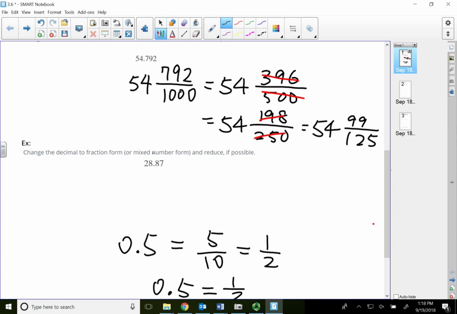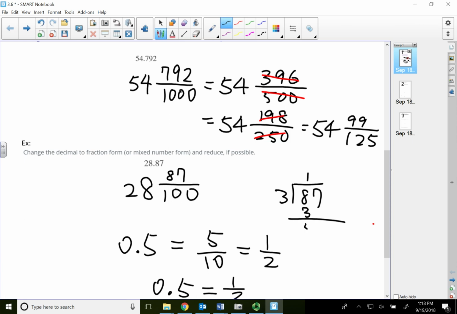All right, let's read this one properly. 28 and 87 hundredths, because the 7 is in the hundredths place. I know this one cannot be reduced, because 87 can be reduced by 3. 3 going into 87 is 29 times, so this is actually 3 times 29.